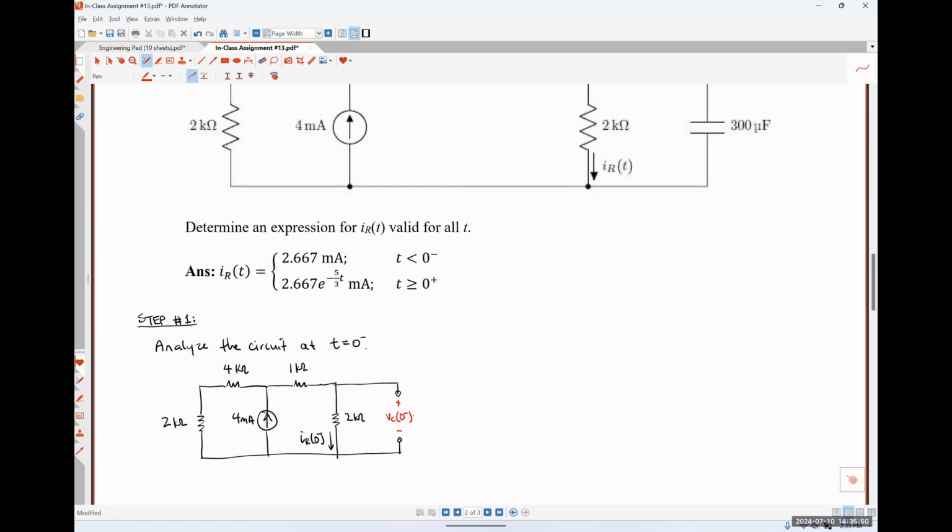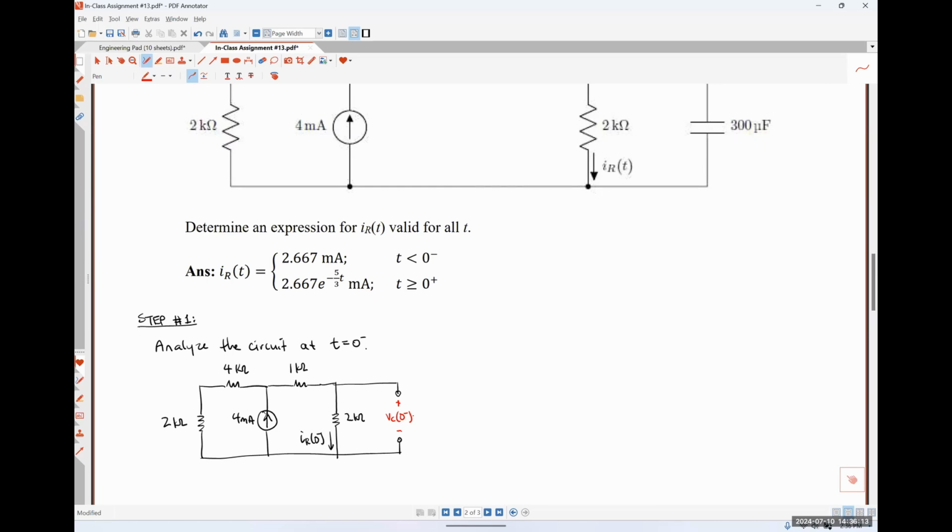The reason why I am hesitating here, and let me explain my thought process, is that to the left of the 4 milliamp source, we have a 2 kilo ohm resistor in series with a 4 kilo ohm resistor. So we could lump those together as 6 kilo ohms of resistance in parallel with that 4 milliamp source.